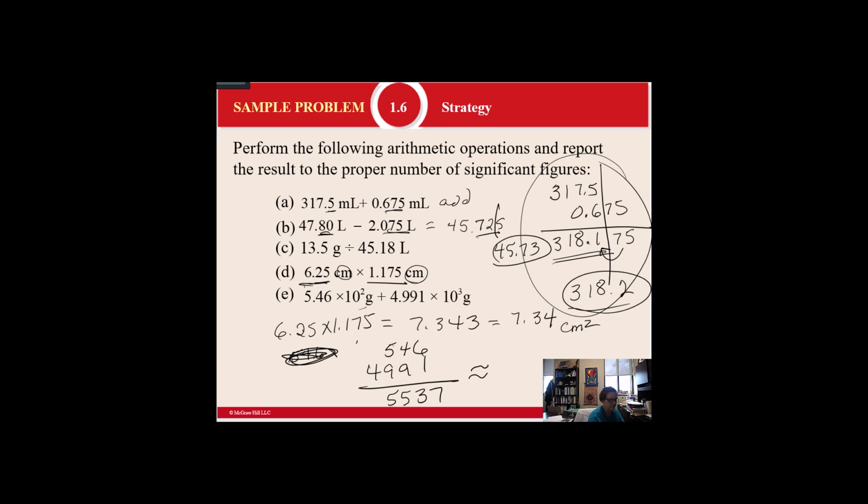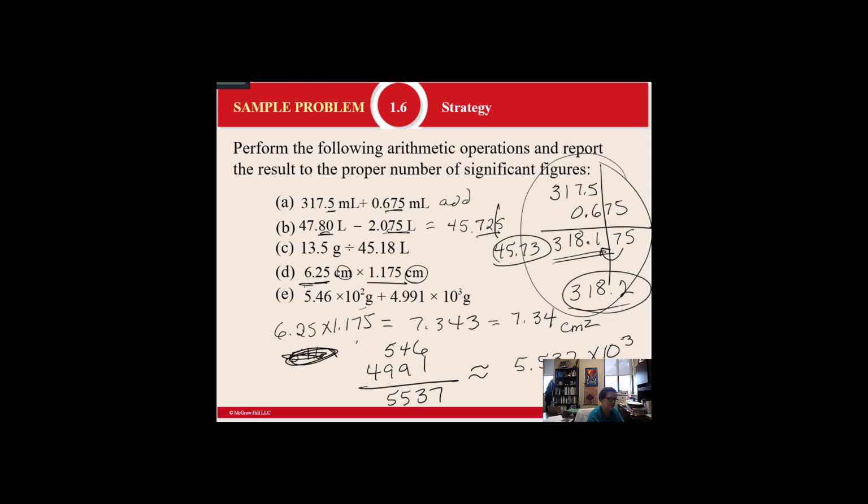When you do those, remember you're doing these to decimal places. So you're going to have 5.537 times 10 to the third, I think. Now remember that you're going to have to go back.